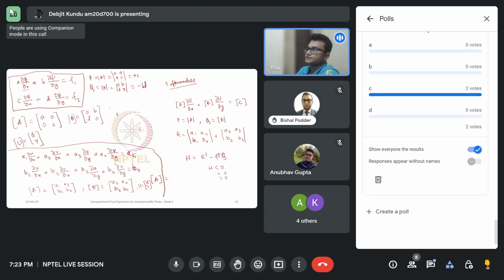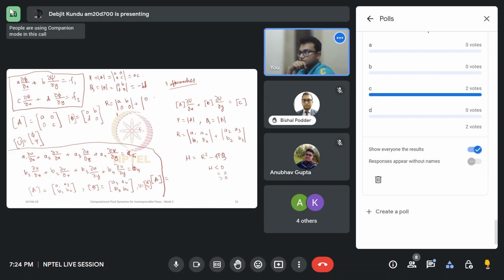And let's figure out R quickly. R would be A1, A4, B1, B4. What is our A1 over here? A1 is A. A4 would be B. Then B1. B1 would be 0. B4 would also be 0. Plus A2, A3. Here A2 is 0.